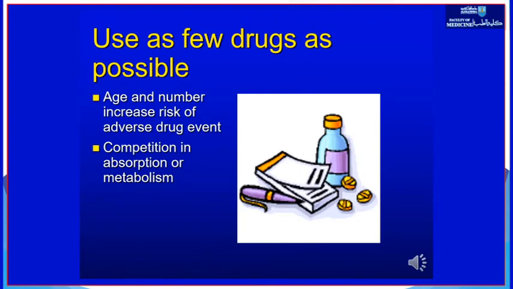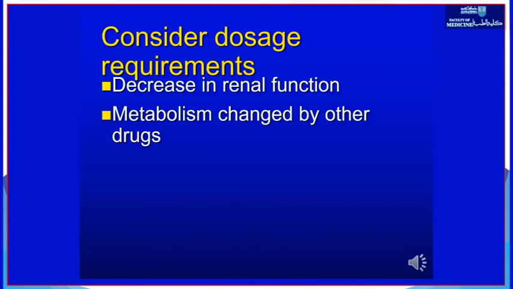Always economize. For example, you have an elderly patient with type 2 diabetes and diabetic nephropathy and hypertension. So instead of giving a calcium channel blocker for the hypertension and an ACE inhibitor or an ARB for the diabetic nephropathy, perhaps you can just use an ACE inhibitor or an ARB to treat both conditions. Consider dosage requirements, which should be decreased in renal impairment.